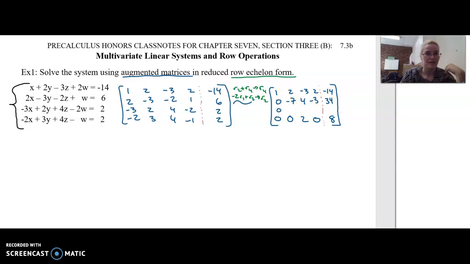All right. And then to get 0 here, I'm going to go just 3 times row 1 plus row 3 and put that back into row 3.